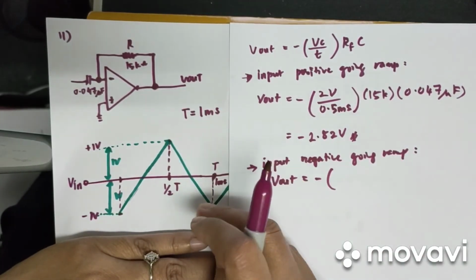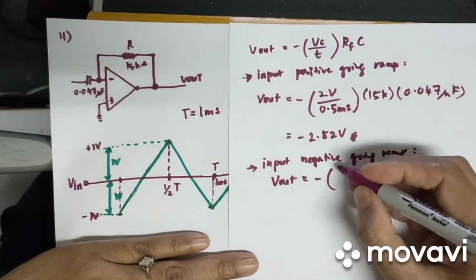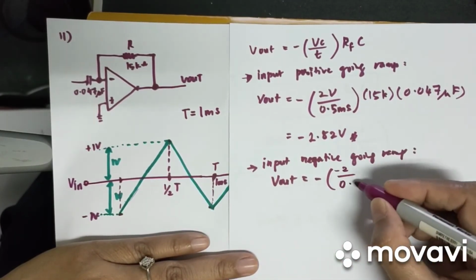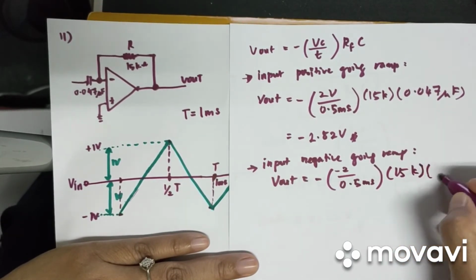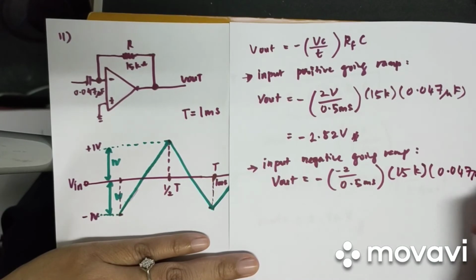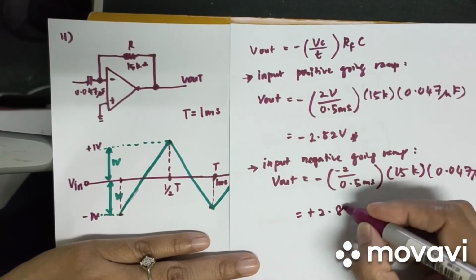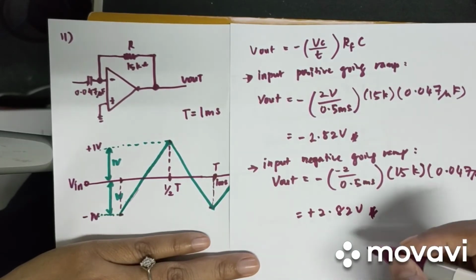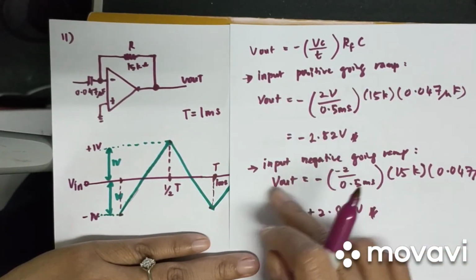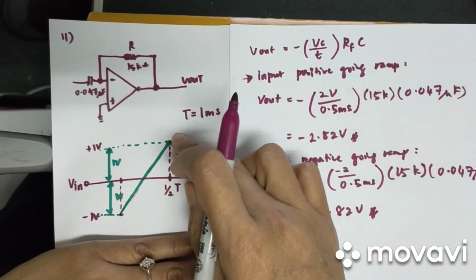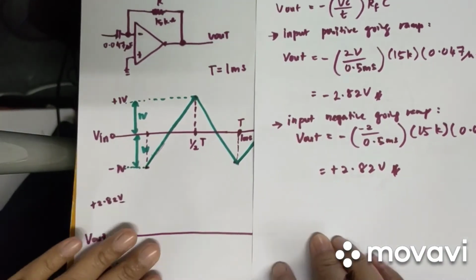When the slope is negative, the voltage value as well is negative, so this time you will get a positive 2.82 volts. These are the two values of V out that we managed to get for the complete cycle of positive and negative. Now we are going to draw the output.